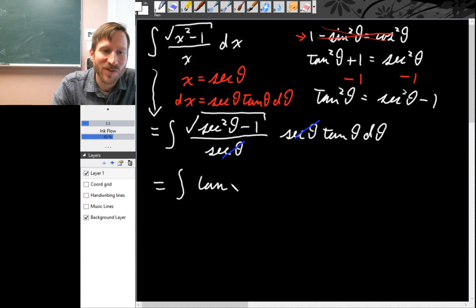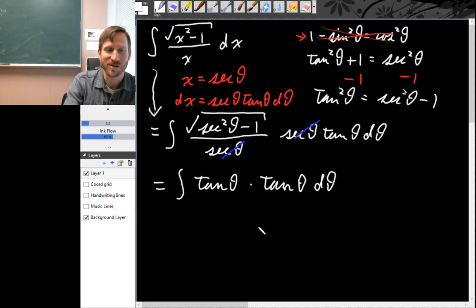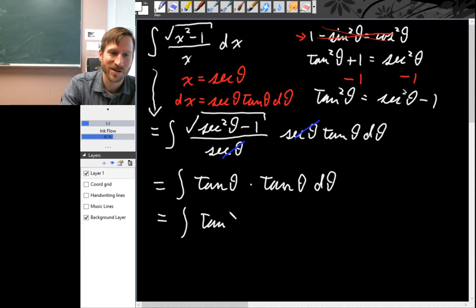Well, it's the absolute value of tangent, but as long as we restrict the domain appropriately, we can just write tangent. There will be some caveats on the end. Really, we need to restrict the domain to have it correct. Okay, so now we have the integral of tangent theta times tangent theta. That's the integral of tangent squared theta d theta.